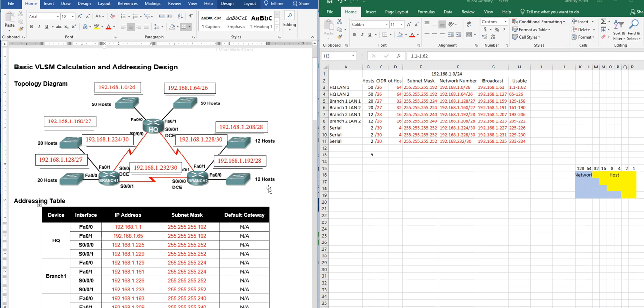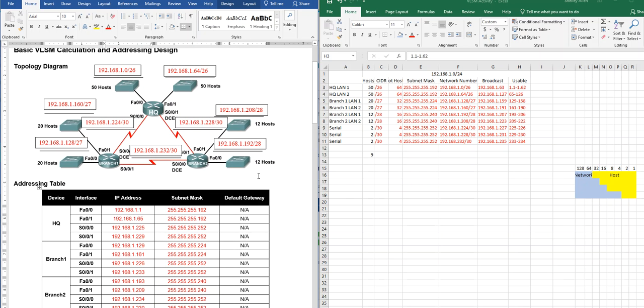So hopefully this gives you a good scenario of how to take a topology, figure out the number of subnets that you need, figure out how many hosts you have on each one, your associated CIDR value, subnet mask, your network number, broadcast, and then once you get that figured out, then you can determine what your usable numbers are and then apply that according to the directions.